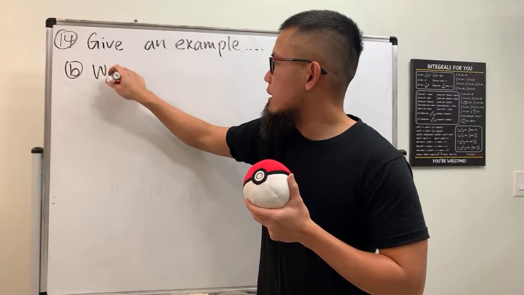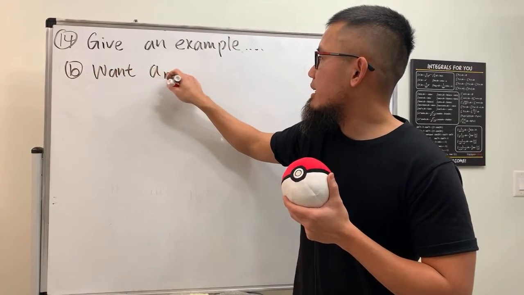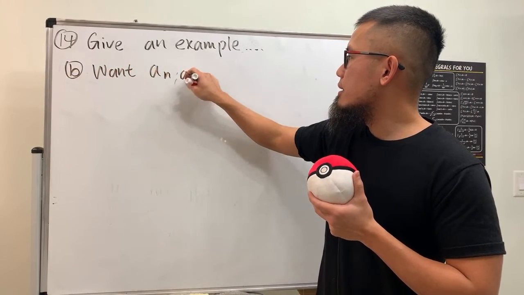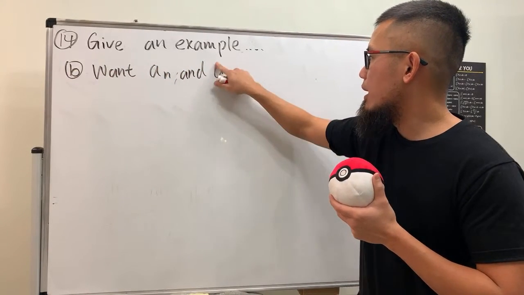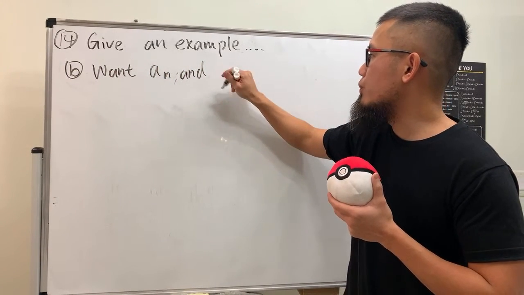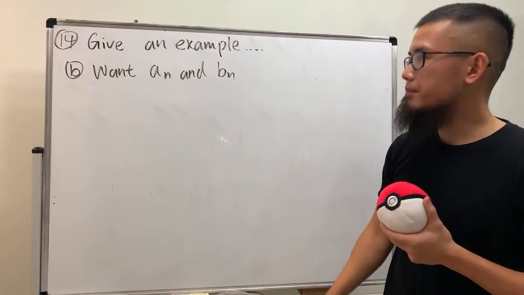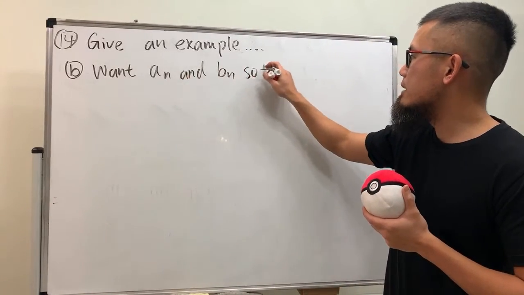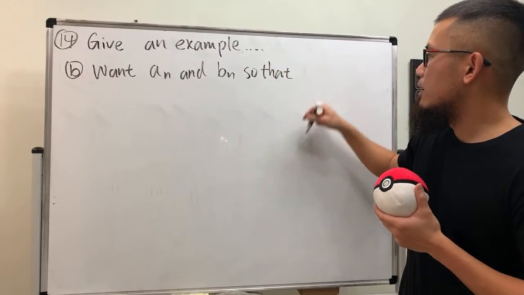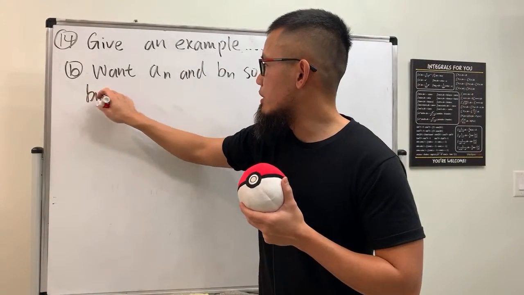We want a_n and b_n. This time you have to give me 2 sequences, a_n and b_n, so pay attention to the direction.